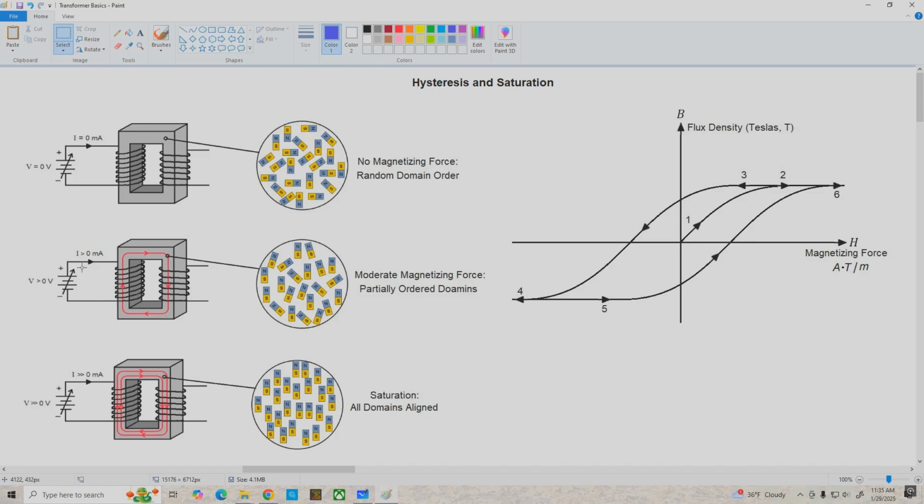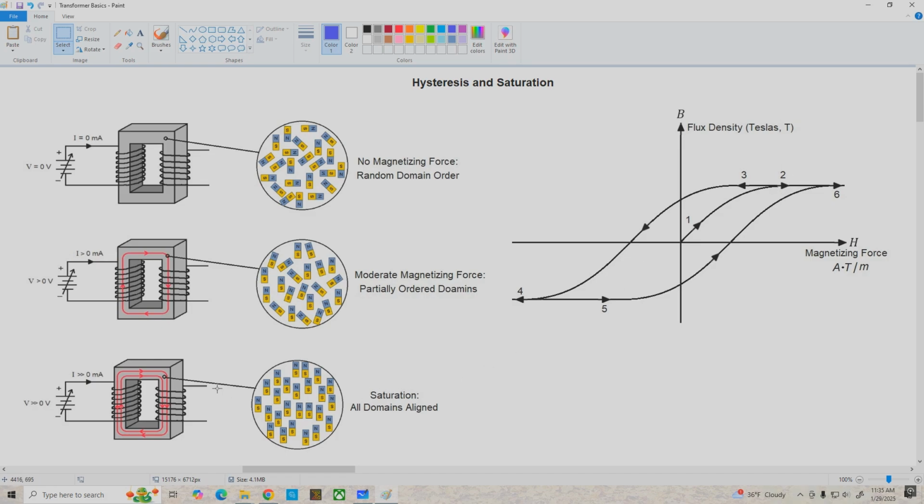We've applied some voltage, we've got some current flowing in the primary, and the induced flux is represented by this red circle oriented clockwise, and we're beginning to have alignment of the magnetic domains in the core along with this flux arrow. Now, as we increase our magnetizing force, eventually we're going to reach a point where all the magnetic domains are aligned.